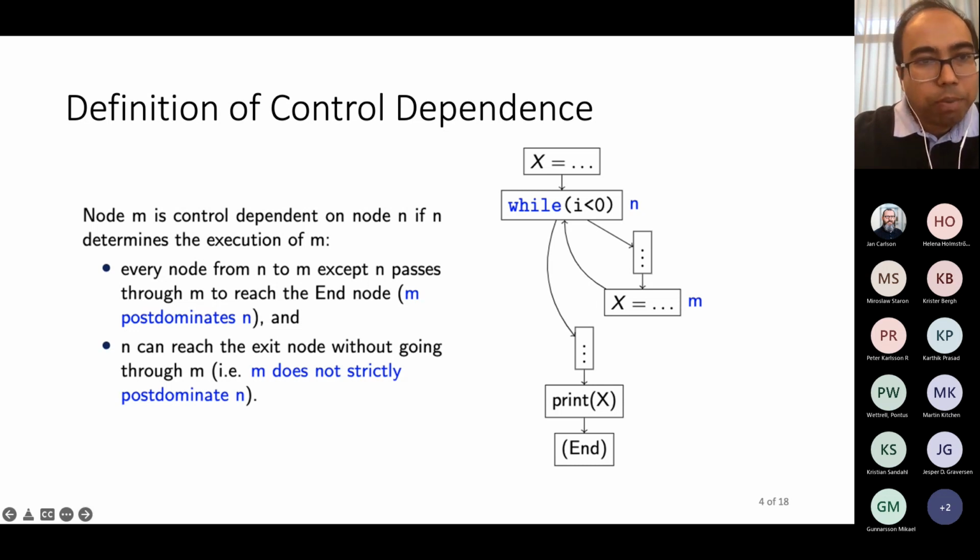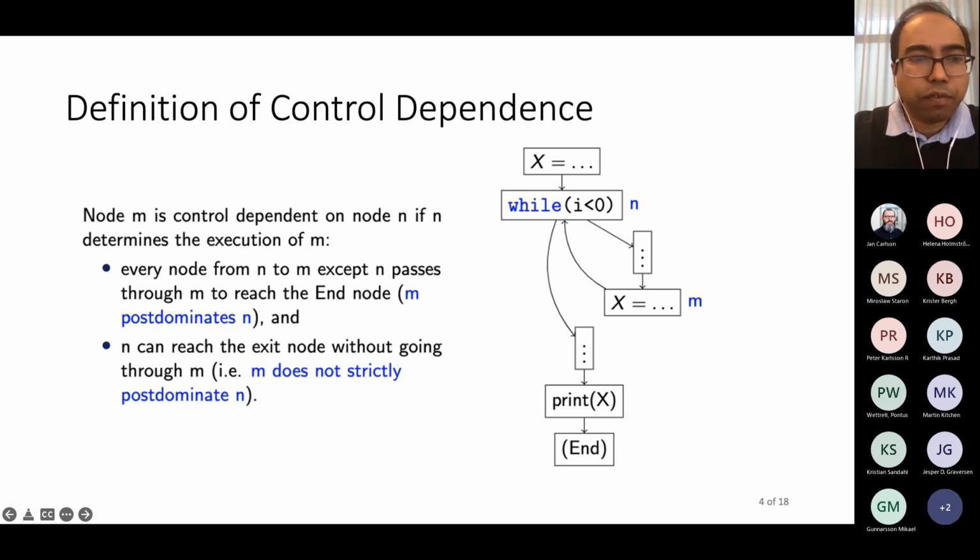Every path between N and M must pass through M to reach the exit node, and in that case we say that M post dominates N. This is the first condition to be fulfilled, and the second condition says that N can reach the exit node without going through M. Then we say that M does not strictly post dominate N. If these two criteria are fulfilled, then we say that control flow graph node M is control dependent on control flow graph node N.